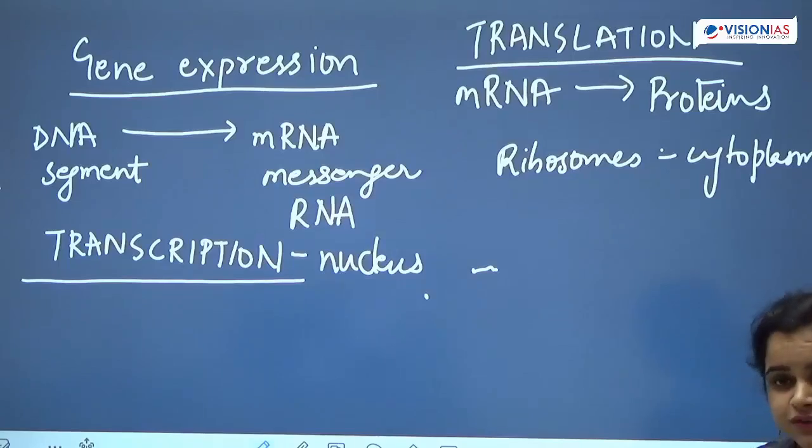Segments of DNA tell the individual cells how to produce specific proteins. These segments are called genes.